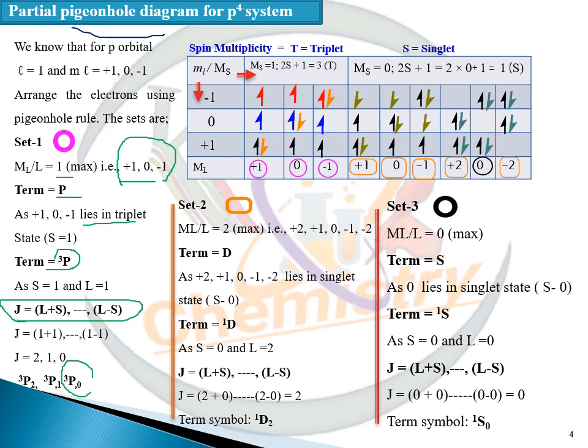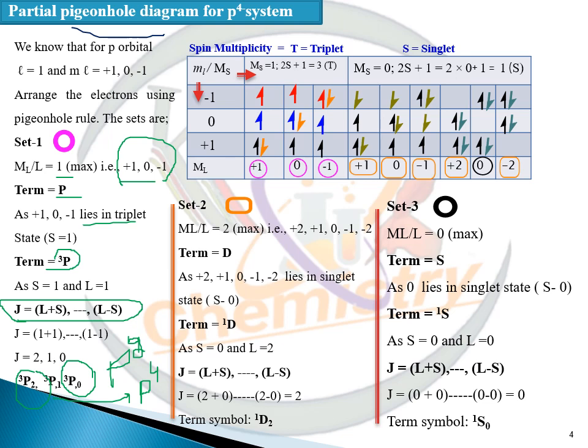Of course, this one will be the ground state for the p4 system. For p2, sorry, for p2 system, and this will be the ground state for p4 system. The only difference between the p2 and p4 system ground state is the J value.